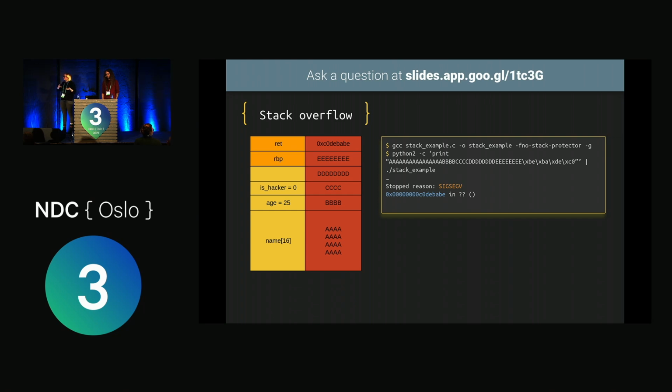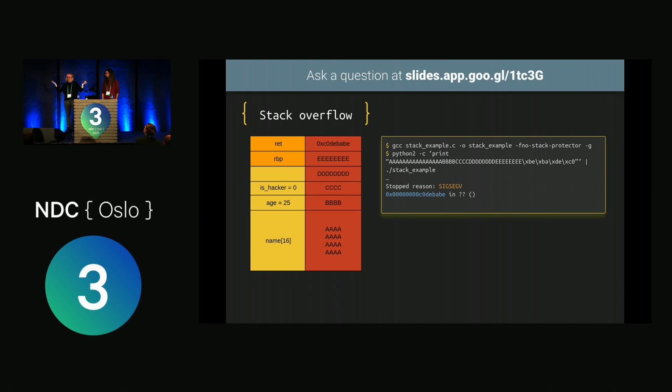To run this example, we compiled the code with a flag that turns off a security mechanism. It turns off something called a stack cookie or a canary, and it would go between the saved base pointer and the local variables to make sure that we cannot overwrite in this way. However, just like Christian mentioned previously, a lot of people turn that off.